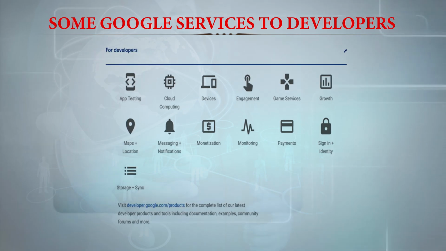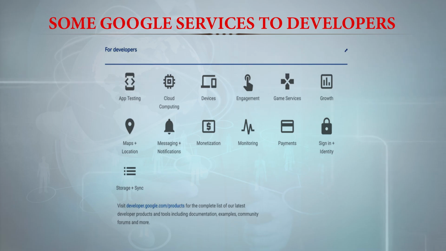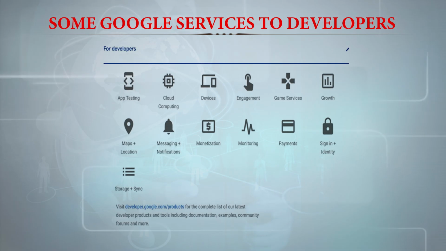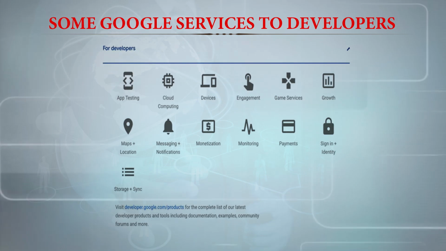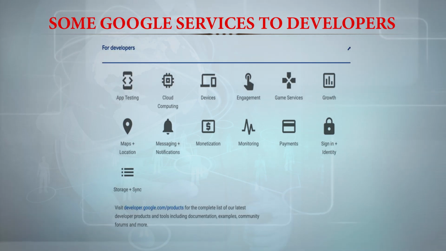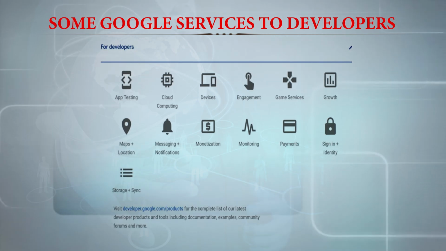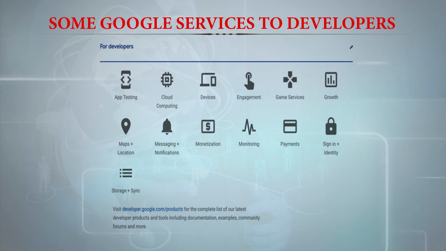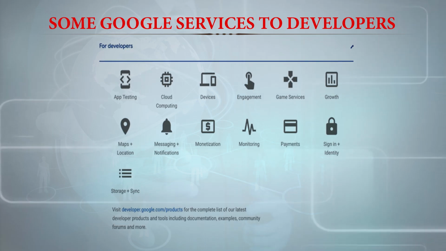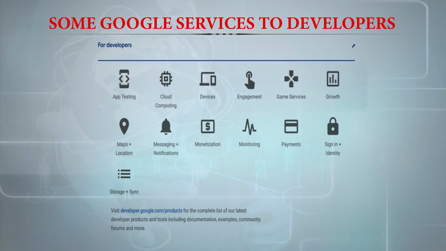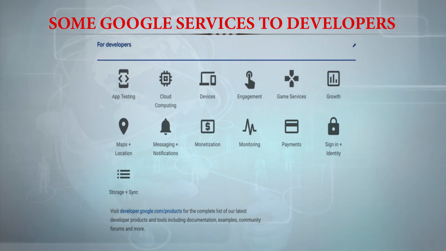Then it is also possible to use Google tools for engagement of particular software. Then we have game services. It is also possible to have something called Google Growth. Then we have Google Maps and location, Google messaging and notifications.